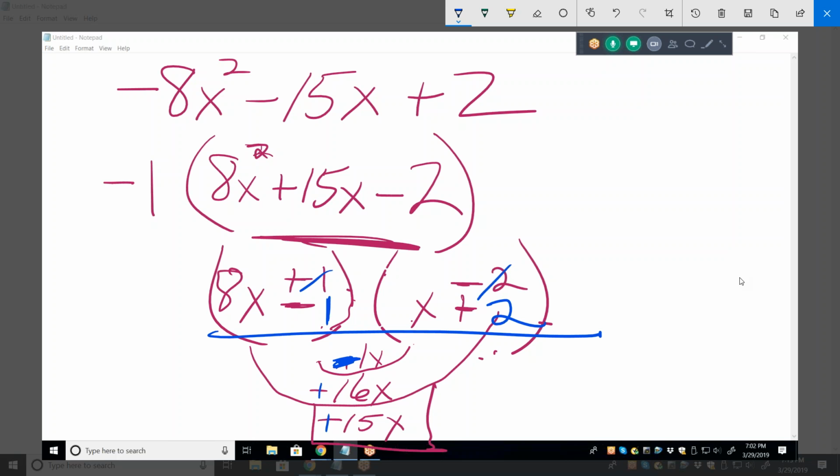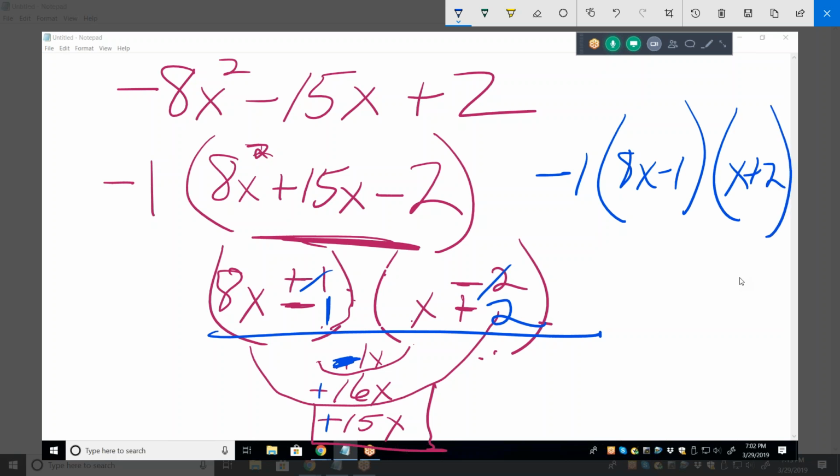And then would the -1 go in like the outside of the final? Yes, the final answer is this. In other words, if you leave the -1 off, you're not really factoring that expression.